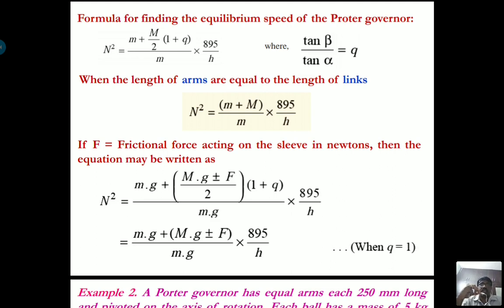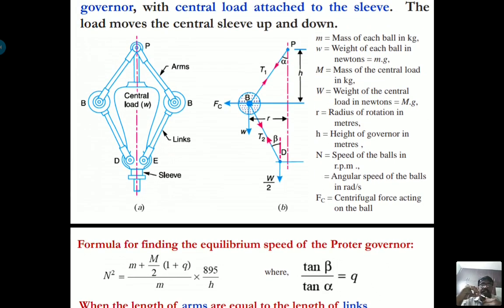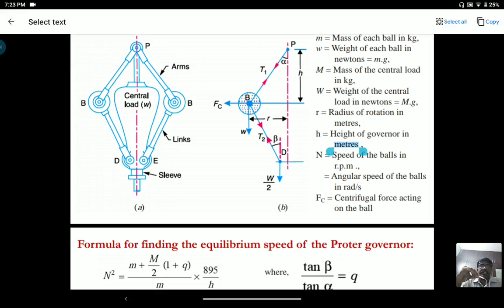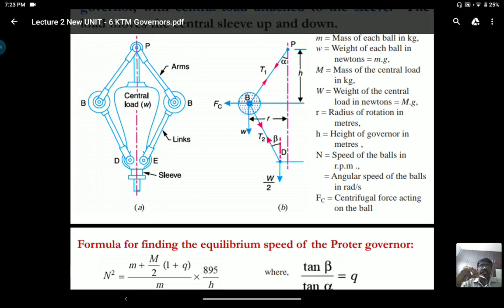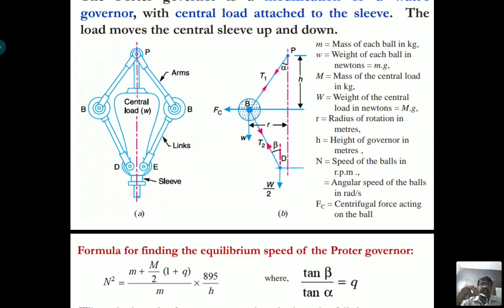Here the term q represents tan β divided by tan α, where the angles are taken from the line sketch diagram. Alpha is the angle between the central axis and the arm, and beta is the angle between the link and the vertical axis.